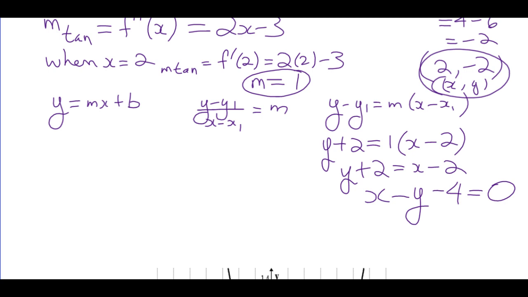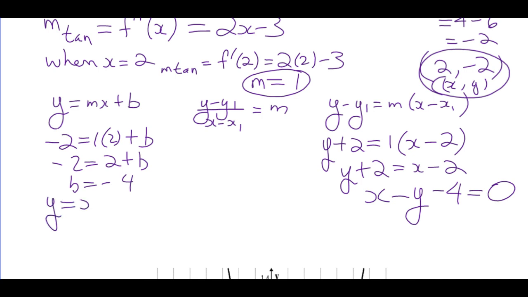So now it's negative 2 is equal to 1 times 2 plus b. Negative 2 is equal to 2 plus b, so b is negative 4. We get y is equal to x minus 4, or x minus y minus 4 equals 0. That's if you like slope-intercept.